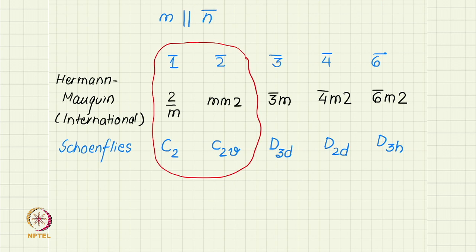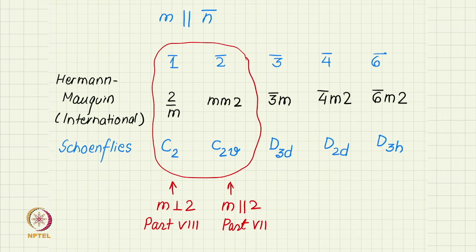So, these two groups we have seen before. 2 by m we met when we combined a mirror plane perpendicular to a two-fold axis, that was in part 8 of this series, and mm2 we did as a mirror plane parallel to a two-fold axis in part 7 of this series.